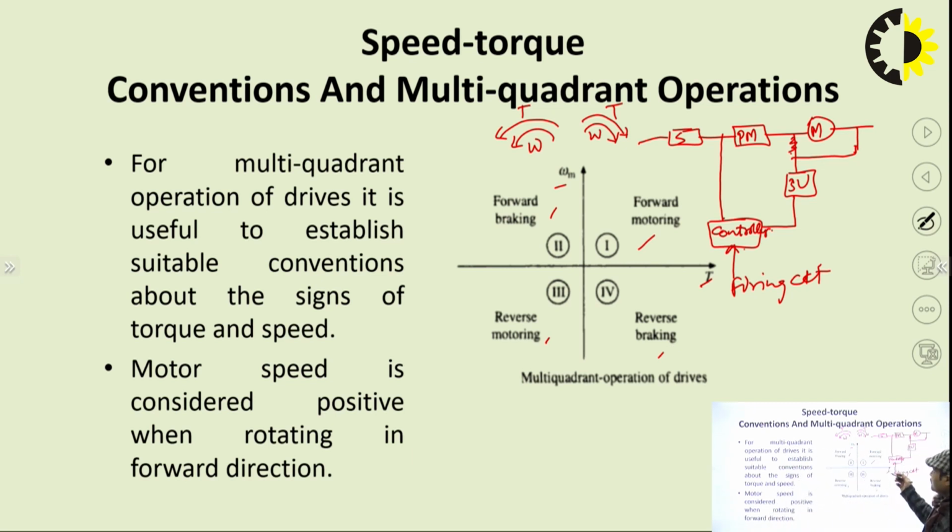Once you have targeted a direction as positive, later in all four quadrants you cannot change the direction of the speed and torque; operation of the motor will be taken according to this convention only in all four quadrants.